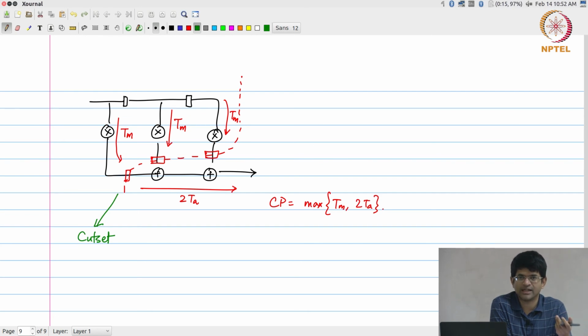There is a before and an after, and everything flows from the before side to the after side. And as long as I can find that by removing these edges, my graph or my system completely separates out into a before and an after segment, it means that I can introduce registers on all of those edges, exactly the same number of registers, and the only change in functionality will be an overall delay in the final output. There will not be any change in transfer functions other than that.